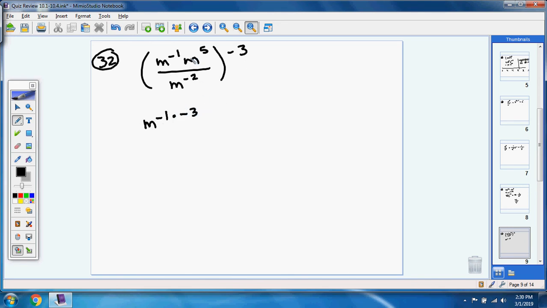Remember, the little trick is inside-outside exponents means multiply. The m gets the exponent, so I'm going to multiply it again, inside-outside. Same thing with my denominator.